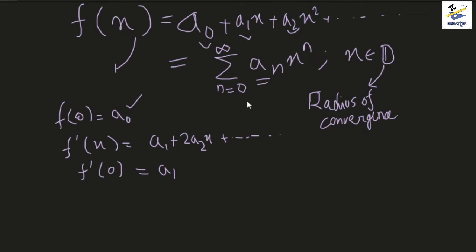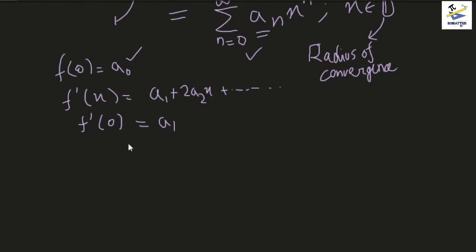In a similar way, if you look at the infinite series representation and differentiate the function n times, f^n of x would be the summation of an into n factorial, and this would be x to the power 0, but there of course are more terms after that.